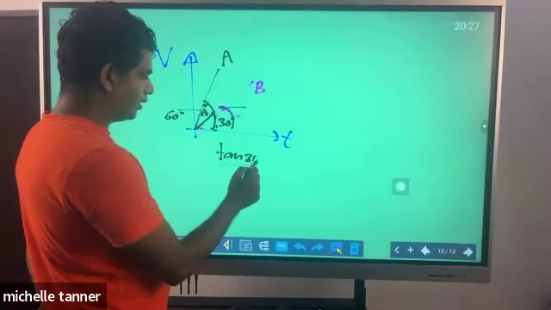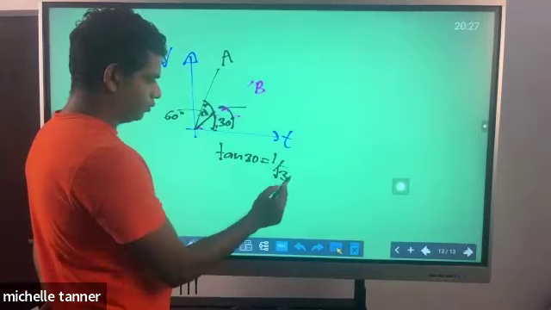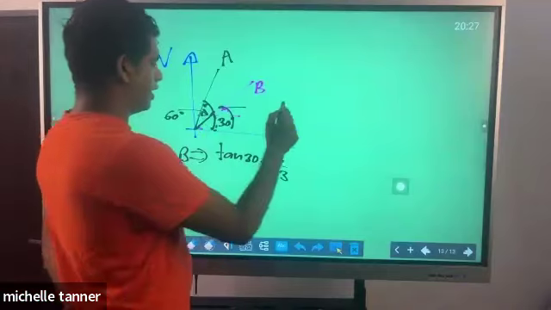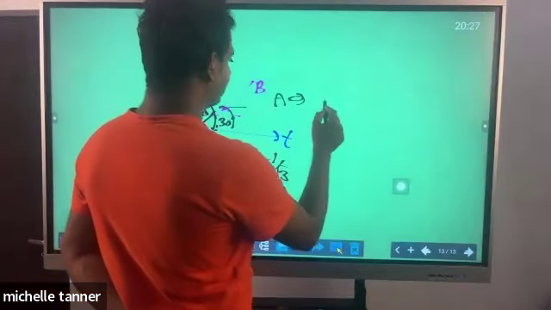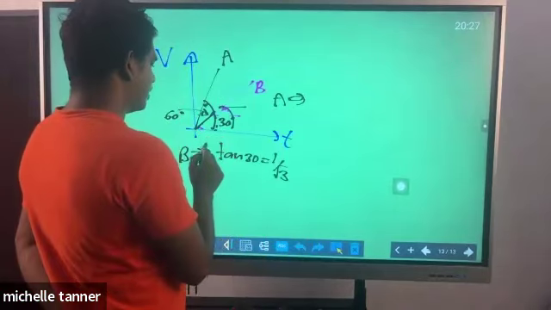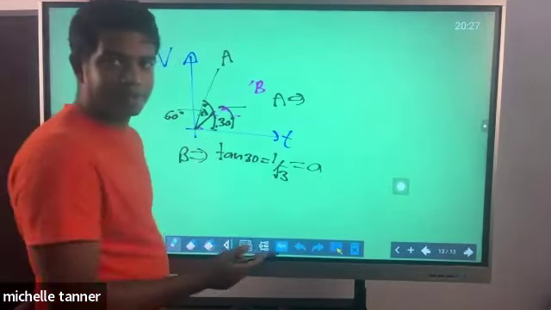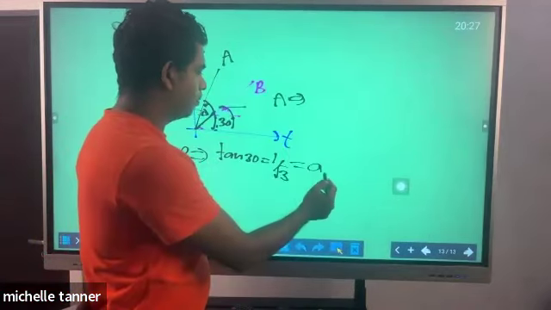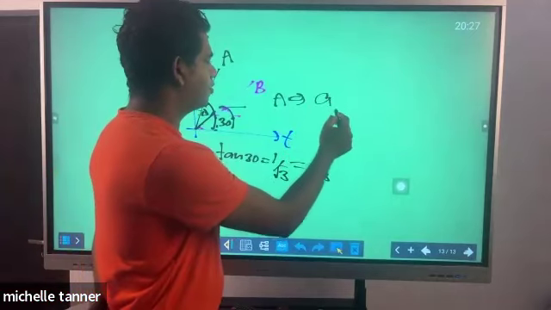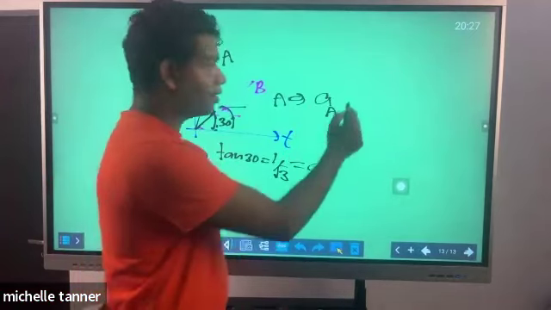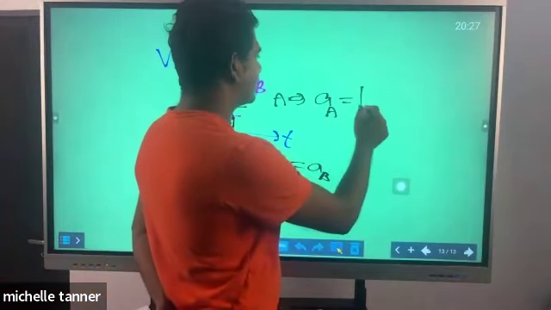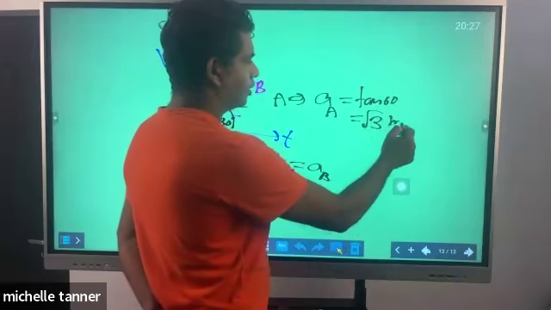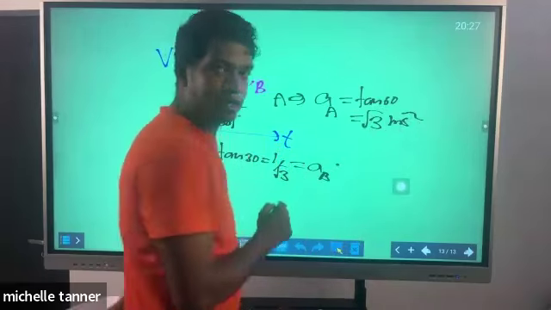Now tan 30 equals 1 over root 3 for the B graph. For the A graph, acceleration equals the gradient, tan 60. The tan 60 equals root 3 ms minus 2.